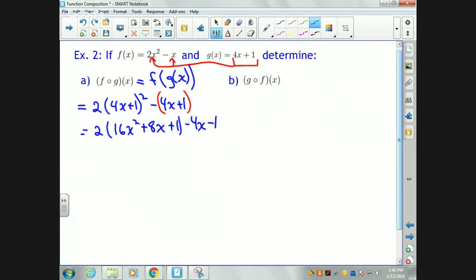So I just expanded 4x plus 1 squared. 4x plus 1 times 4x plus 1 gives us this. Multiply the 2 through the brackets. And then simplify.